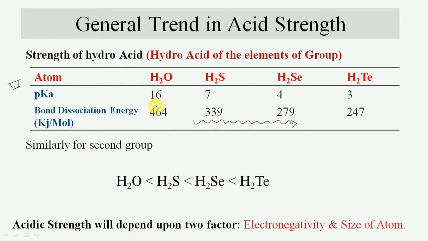So in this case the bond dissociation energy is maximum, and in this case the bond dissociation energy is minimum. So this one is the least acidic, and this one is the strongest acid.